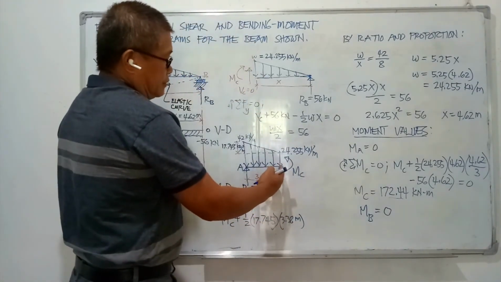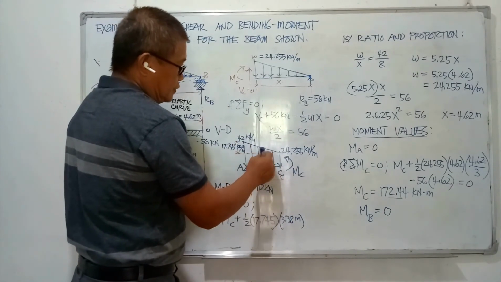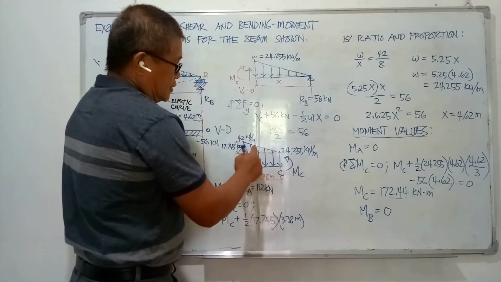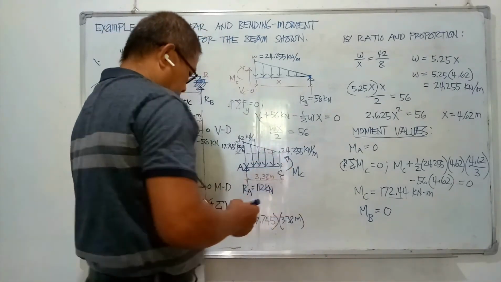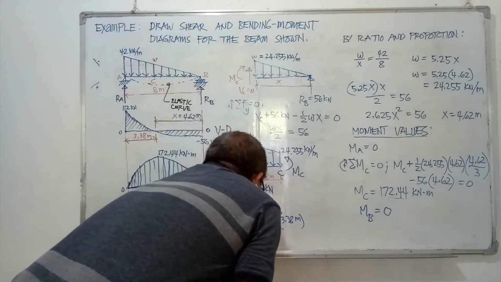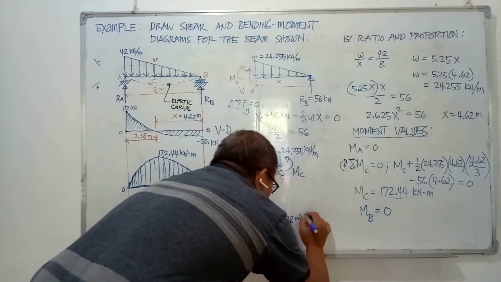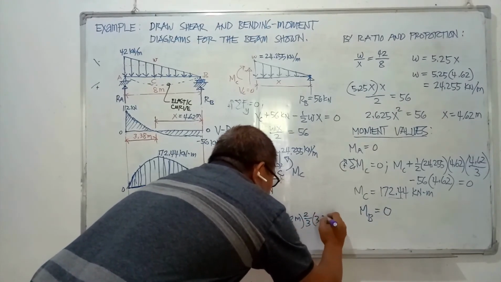The centroid of the triangular loading is 2/3 from the zero load of the triangle. So you have 2/3 of 3.38 meters.